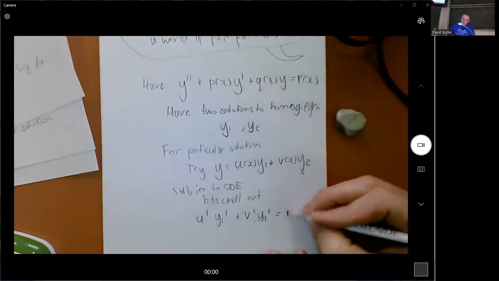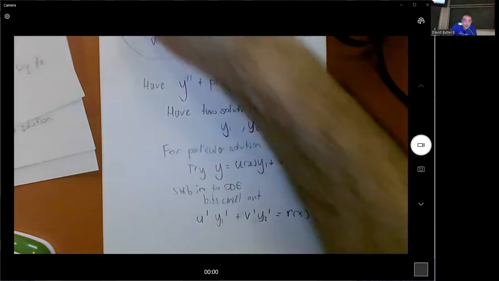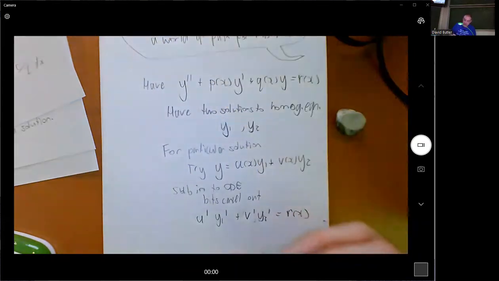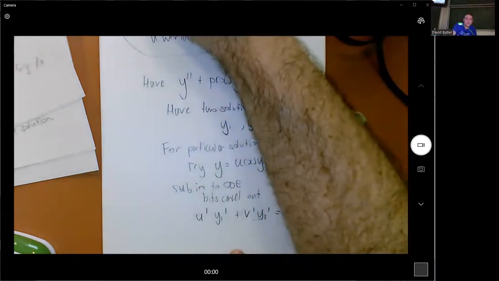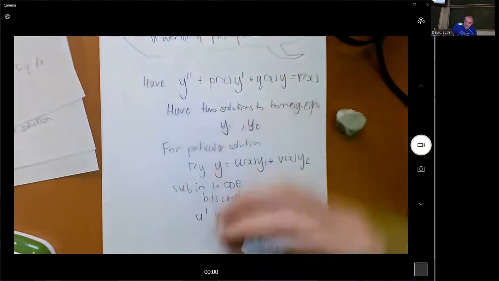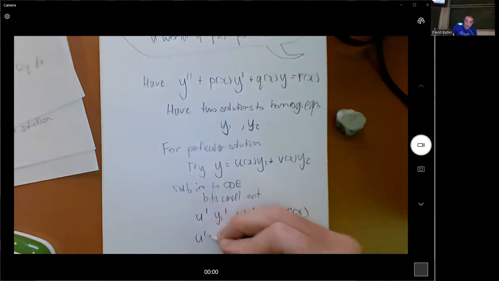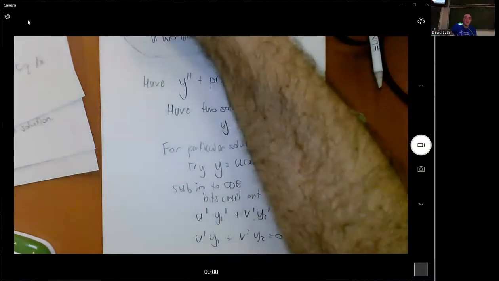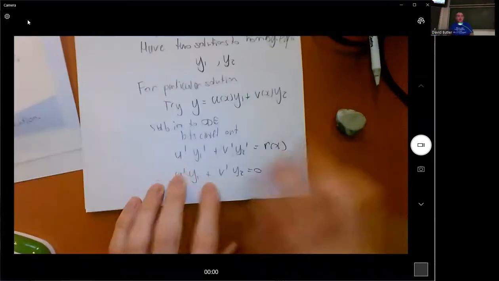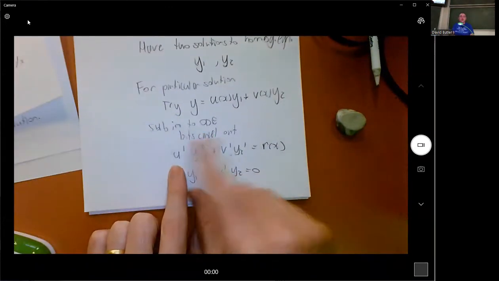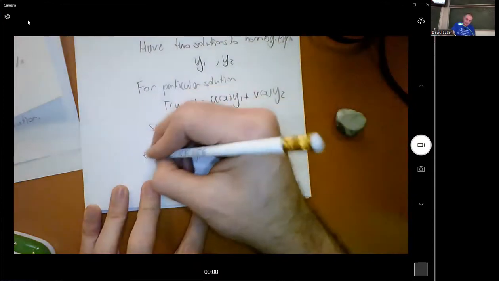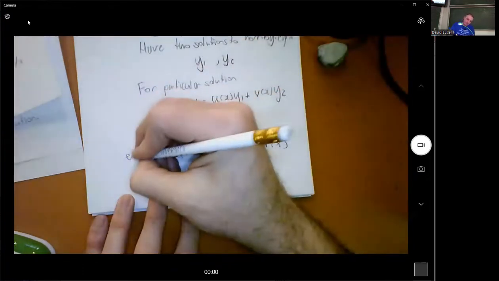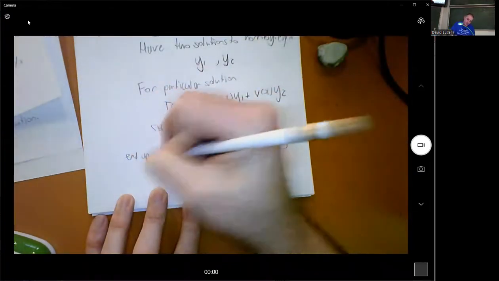Oh, it's so cool. Yeah, it's R of x. And all right, what's the other thing we need to assume? All right, so we sub into the ODE, bits cancel out, and you end up with that.